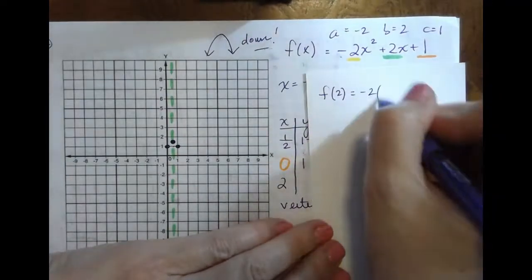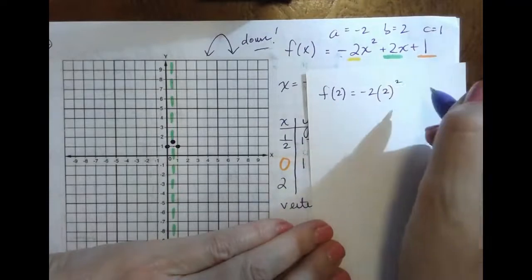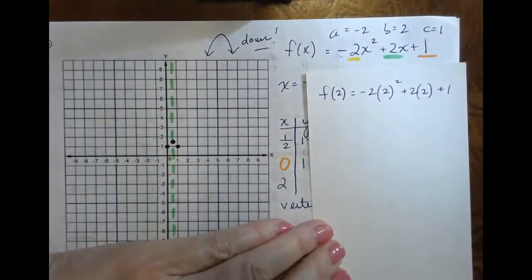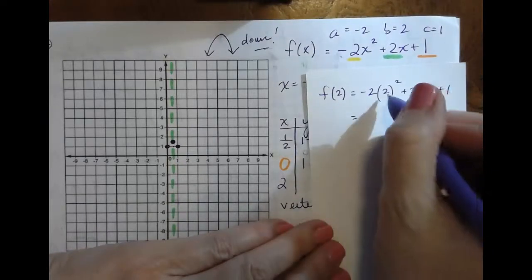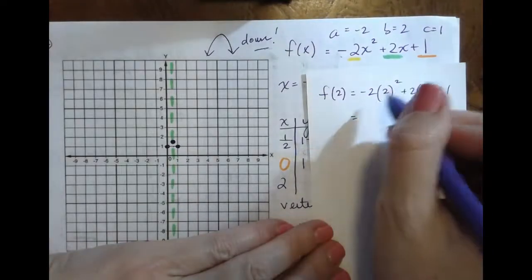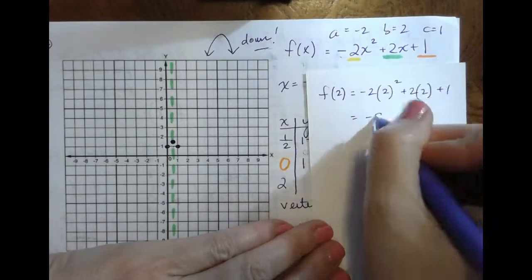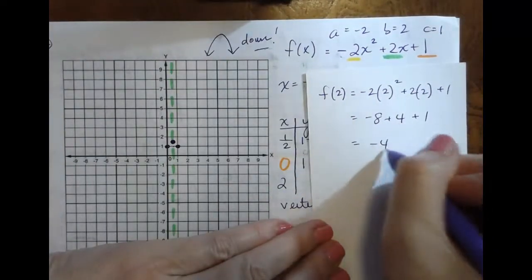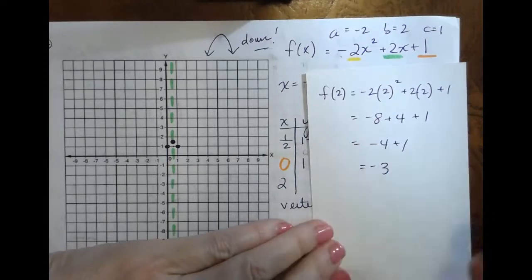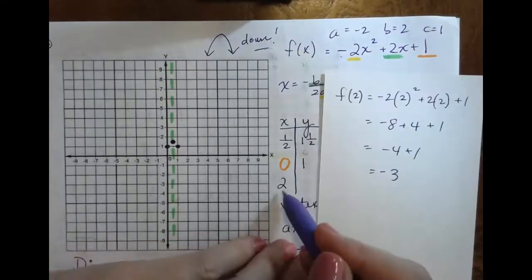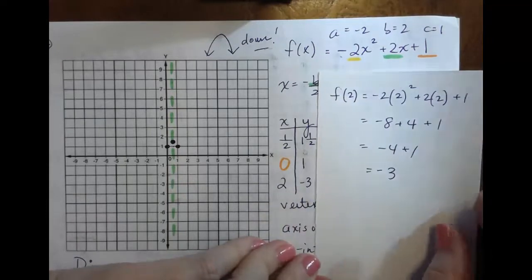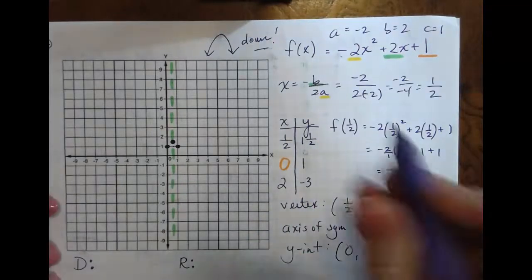So that is -2 times 2 squared plus 2 times 2 plus 1. Remember to follow order of operations. 2 squared is 4 times -2 is -8 plus 4 plus 1, that's -4 plus 1, that is -3. So when x is equal to 2, y is equal to -3. So that's our last point that we need to plot.